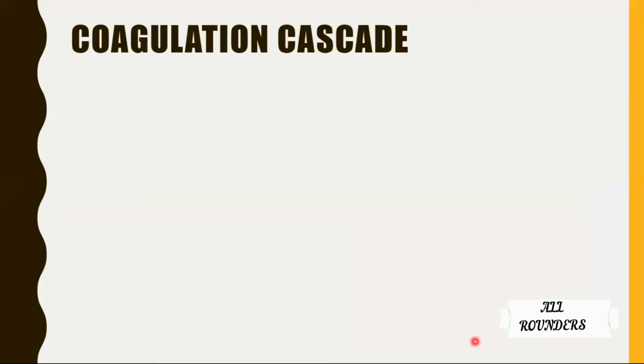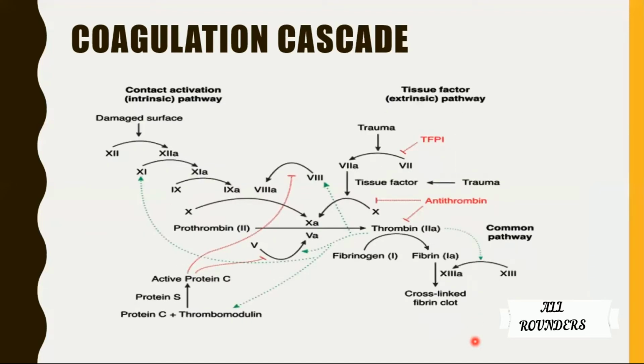Now let's learn about the coagulation cascade. This particular diagram is about the coagulation cascade, and you can see there are many factors. This is factor 12A, which is activated factor 12, then factor 11 activated, and 9 and 9A similarly.